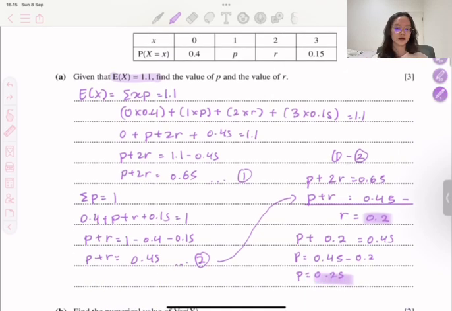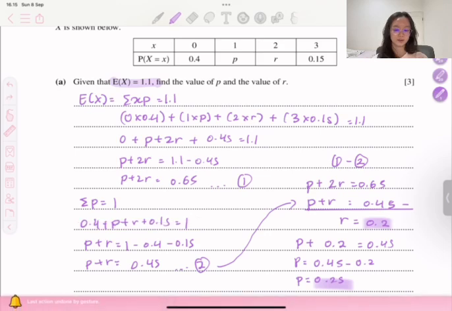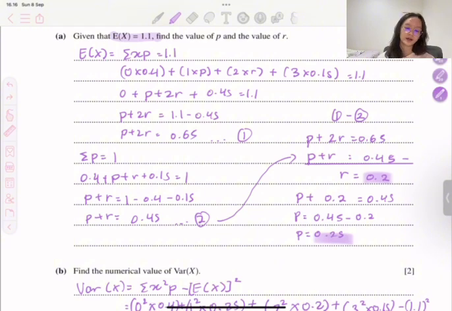So we add up the probabilities, which are 0.4, p, r, and 0.15, and that all equals 1. We can simplify this into p plus r equals 1 minus 0.4 minus 0.15, moving the 0.4 and 0.15 to the other side, which makes them negative. Now we have found our second equation, which is p plus r equals 0.45.